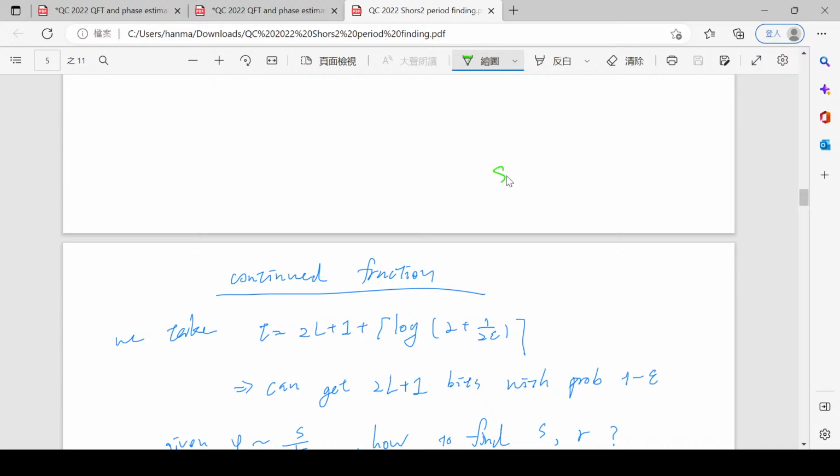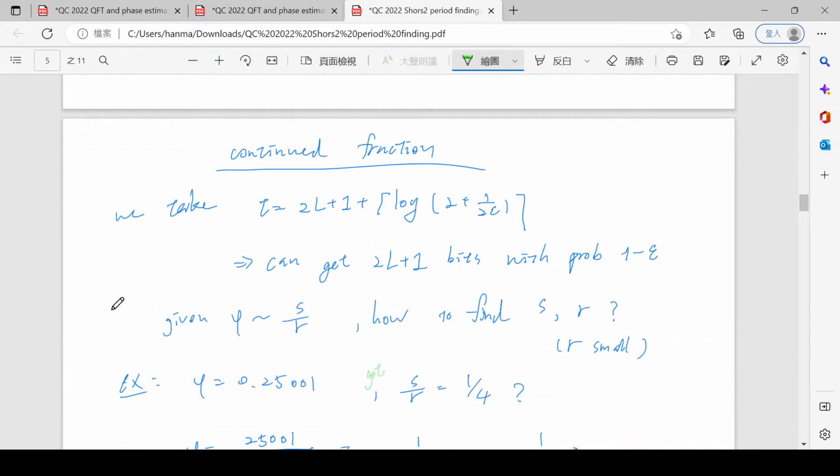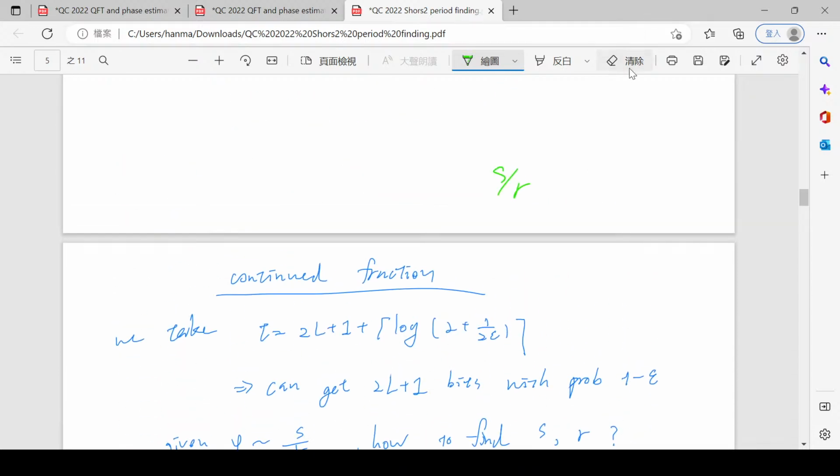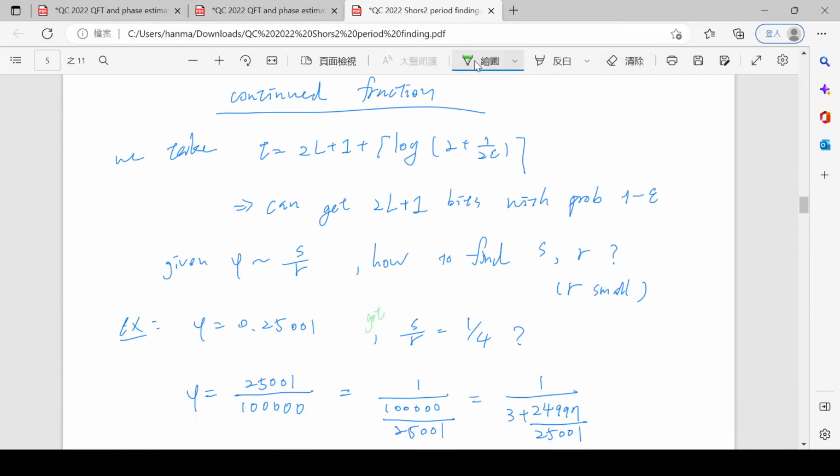Okay, so the other thing we need to take care of is estimating s over r as an actual fraction. And that is done by using the continued fraction algorithm. Okay. So let's state the problem here once again.